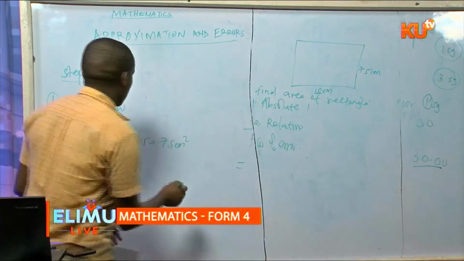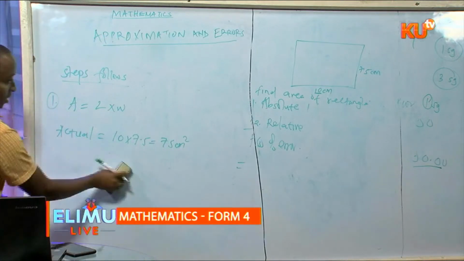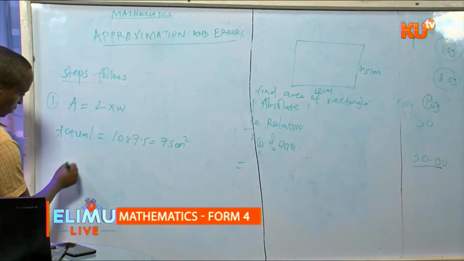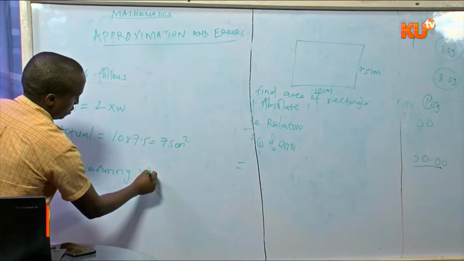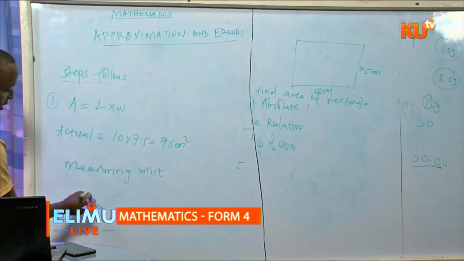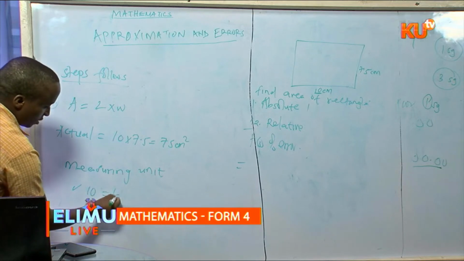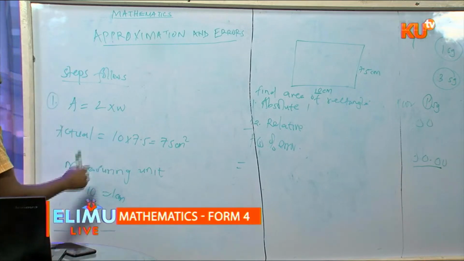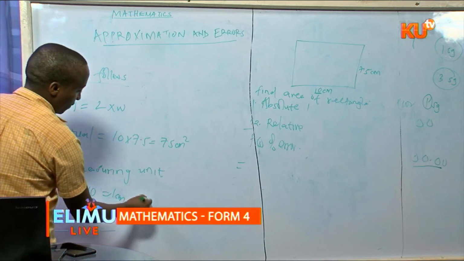So you just come here. It will be very simple. For this one, the measuring unit is 1 centimeter. Because we have the upper bound and the lower bound, we divide by 2 and get 0.5.